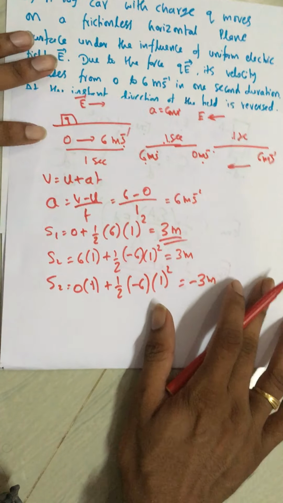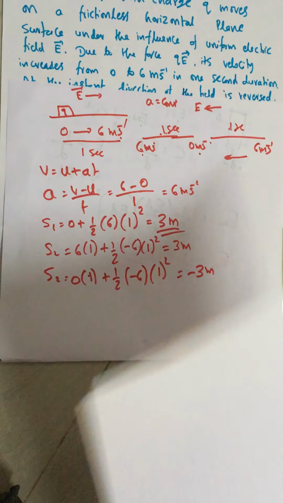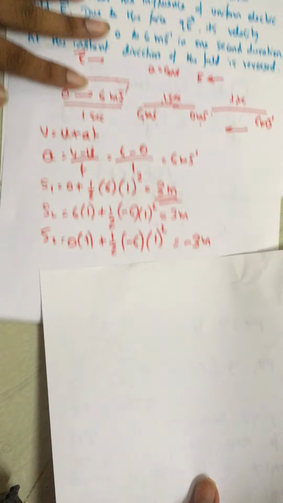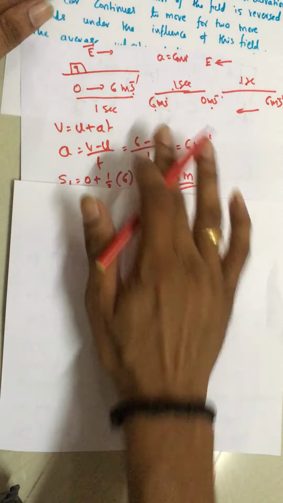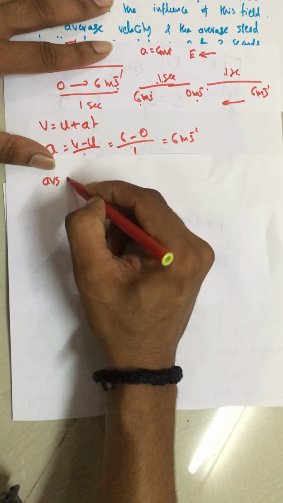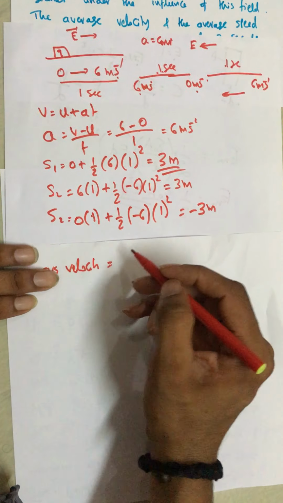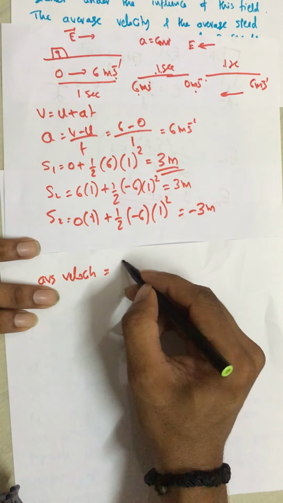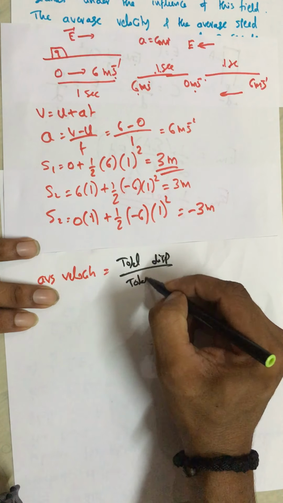So now we will define what average speed and average velocity are. Let's define average velocity first. Average velocity is equal to total displacement by total time.